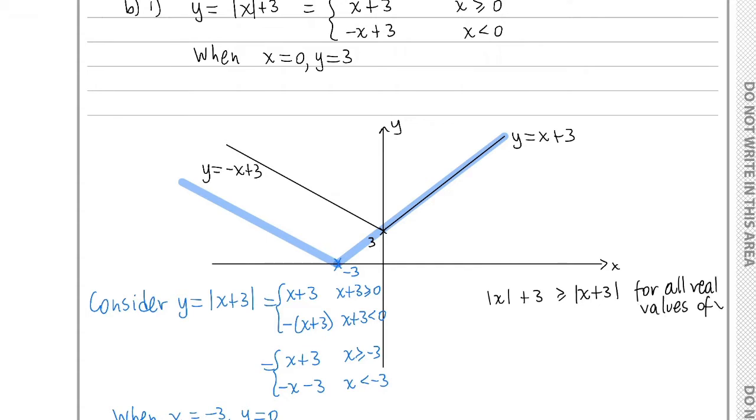We need to give an explanation here in order to get full marks. Okay, so we see that for x greater than or equal to 0, the two graphs are identical.